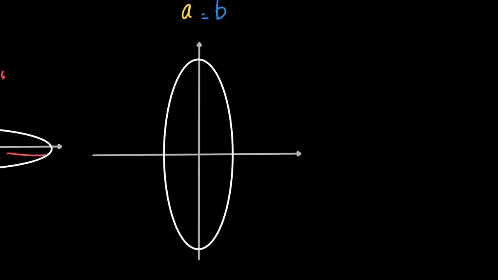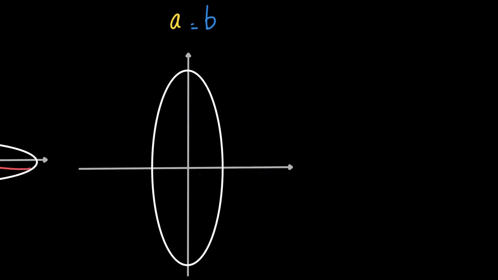Exactly, what will happen if A is equal to B? Let's write down the equation as well. So we have x squared by A squared plus y squared by B squared is equal to 1. And the question is, what will happen if A here is equal to B?